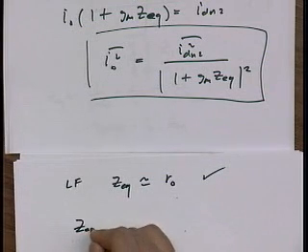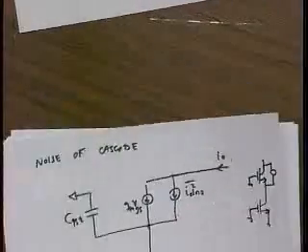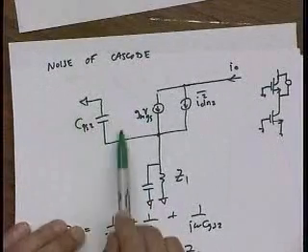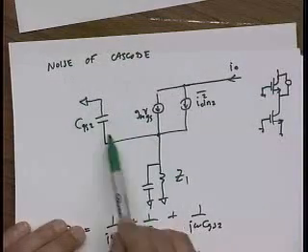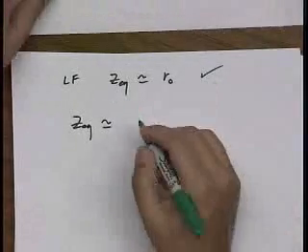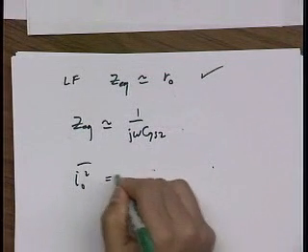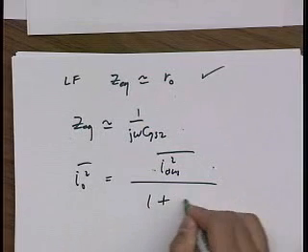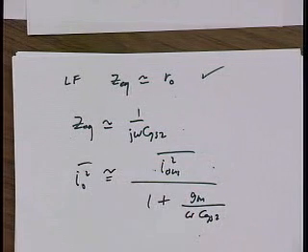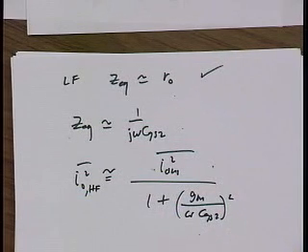At really high frequencies, it's basically a bunch of parallel capacitors, and the biggest one is going to dominate. So probably CGS is going to be the dominant capacitor at high frequencies, right? The impedance of this node is going to be dominated by CGS2, and so if I plug CGS2 into the expression, I have 1 plus GM over omega CGS2, approximate at high frequency, squared.